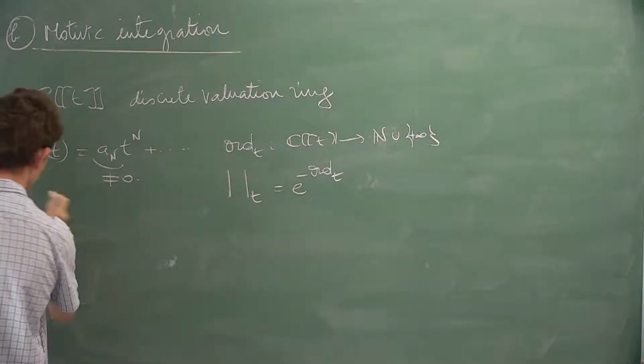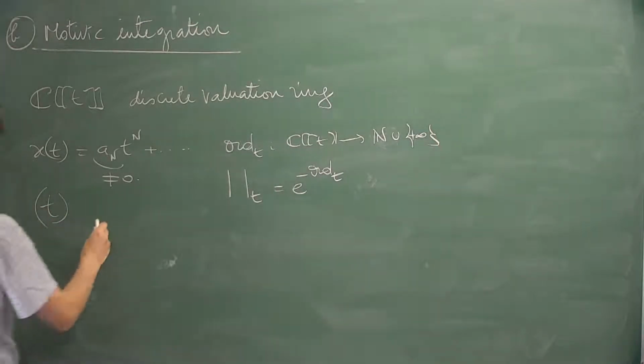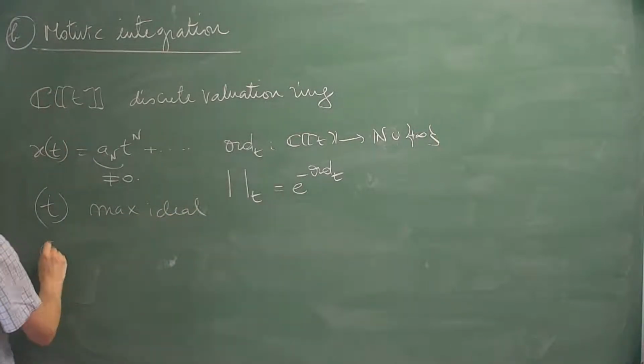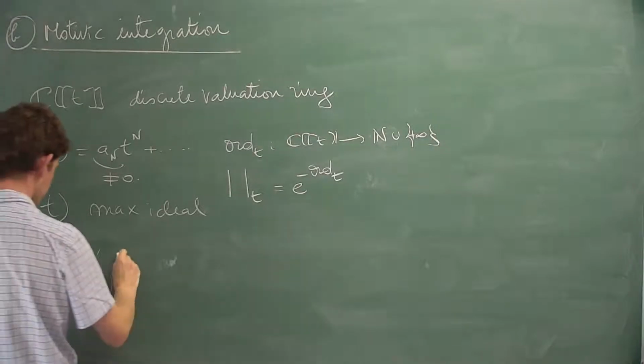The ideal generated by T is the maximal ideal, and when you look at the quotient, you have the residue field, which is C.